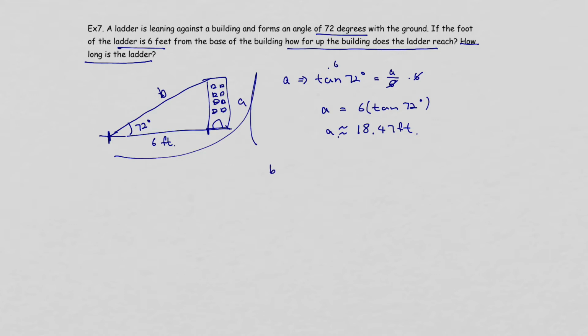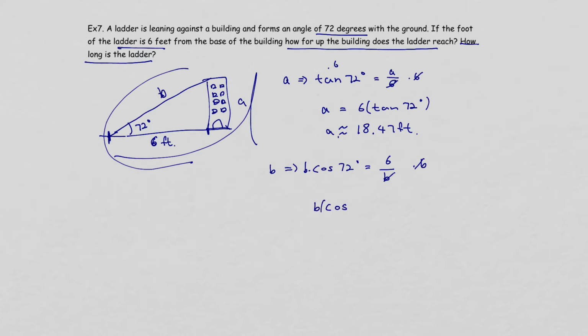For B, if we want to find the length of the ladder, this time we're going to use cosine, so we can use the one length that is given, 6 feet. So cosine 72 degrees is 6 over B. To solve for B, let's multiply both sides by B first.